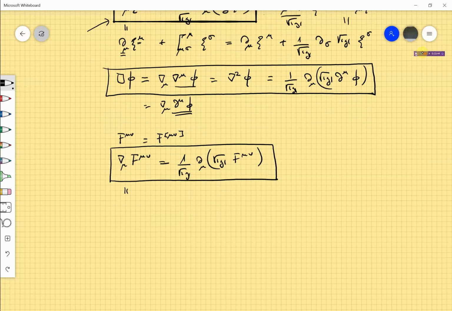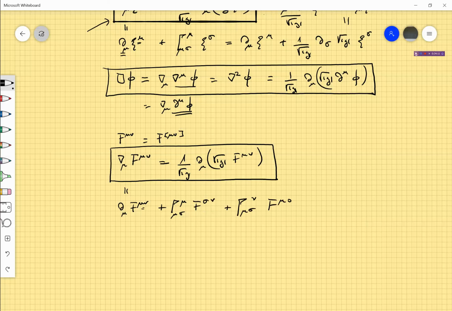We prove this immediately, so there are only plus signs, and this first term is just like this. Oops, this should be sigma, sorry, sigma nu, and then there is another term when I take the derivative, they consider the second index, okay, which is f mu and sigma.